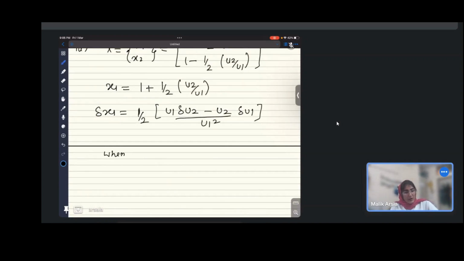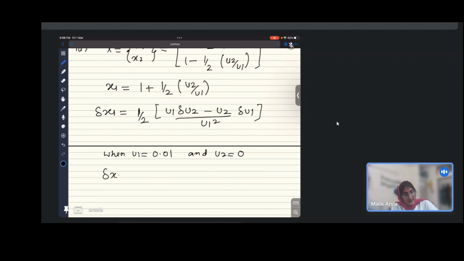The question is asking about values near u1 equal to 0.01 and u2 equal to 0, how the solution will react. So when u1 is 0.001 and u2 is 0, put these values here.